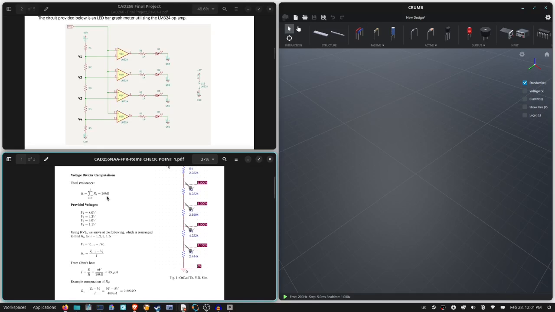What we're doing instead is we know that our total resistance is equal to 20 kiloohms. That's what was provided to us, and we are to determine how much voltage should drop at each resistor level, and then determine the resistor that needs to be in place.